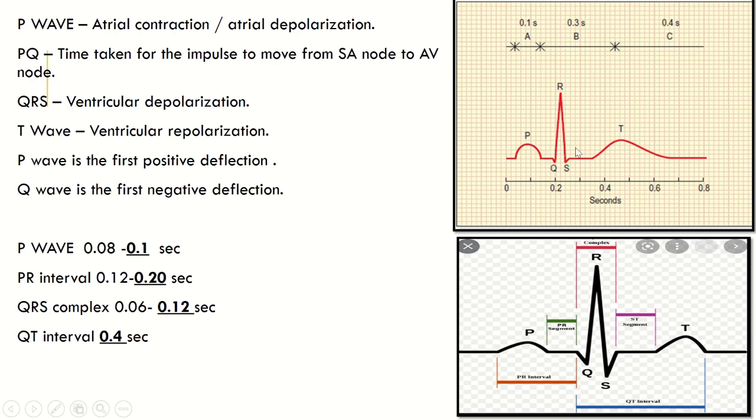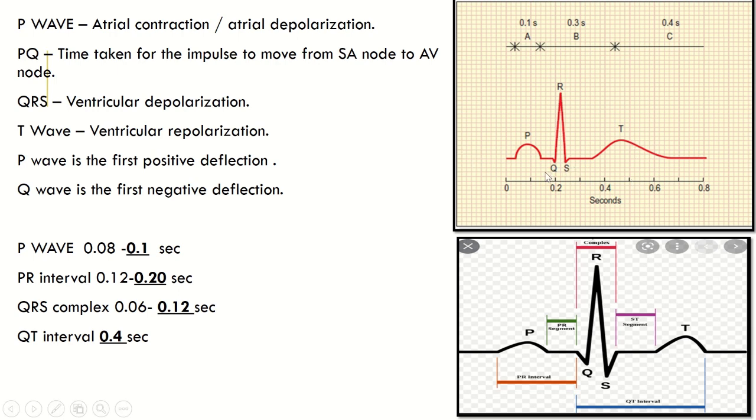As you already know, in a cardiac cycle it takes about 0.8 seconds for the heart to complete a pump. If you haven't seen my video, you can go to the previous video about the cardiac cycle. It will be very helpful for you to understand this.